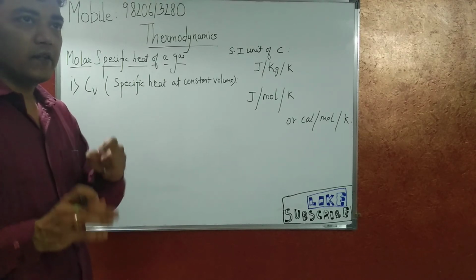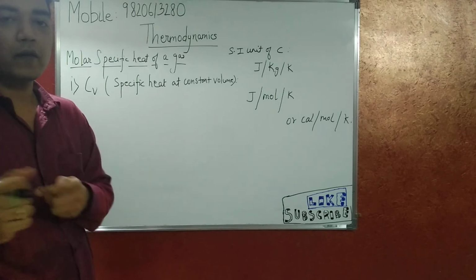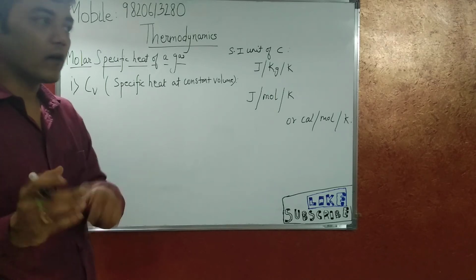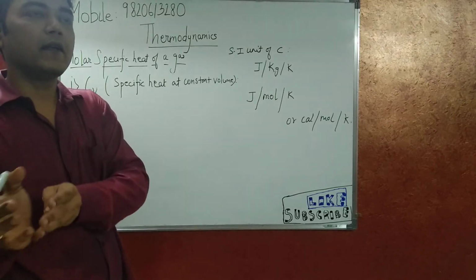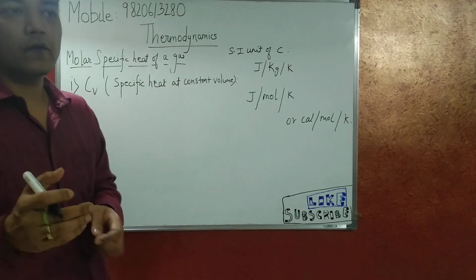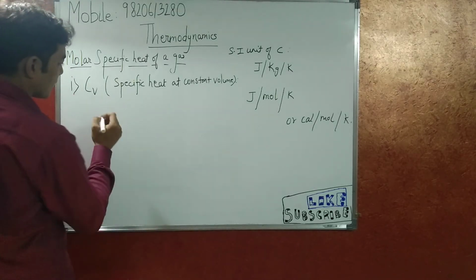In general, if we take n moles of a gas and heat it through a temperature of delta T, then what is the formula?